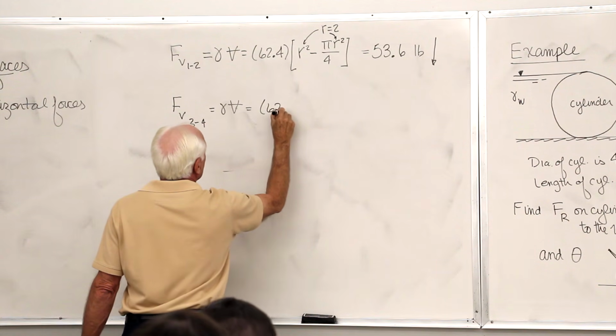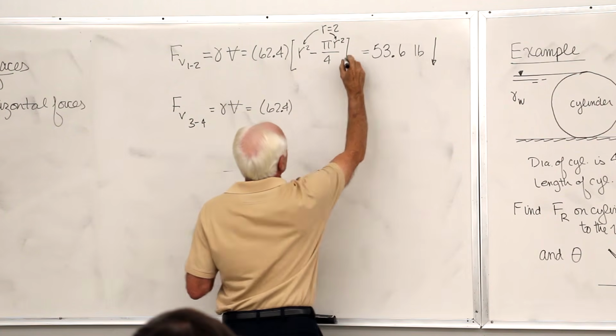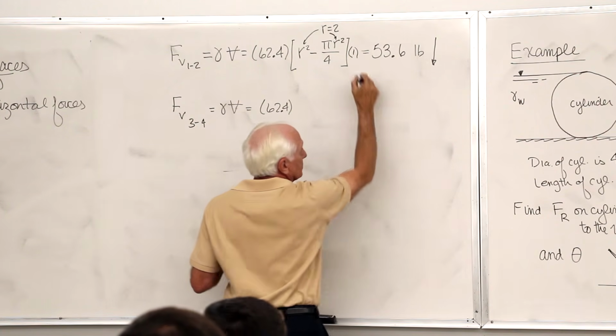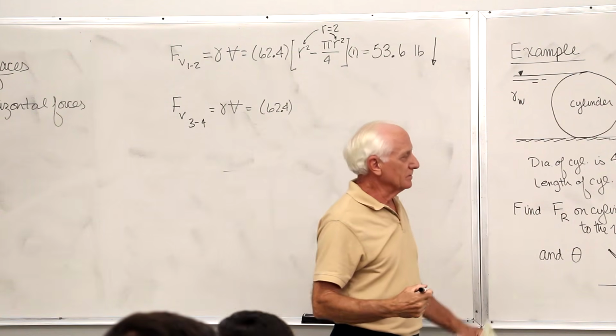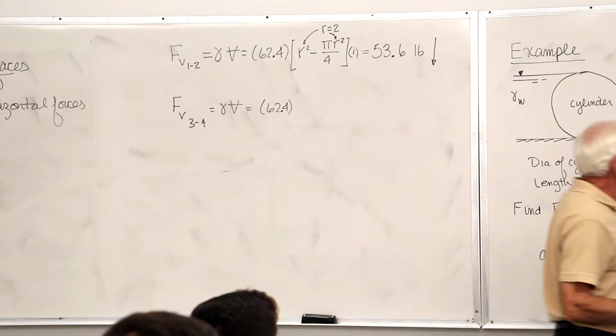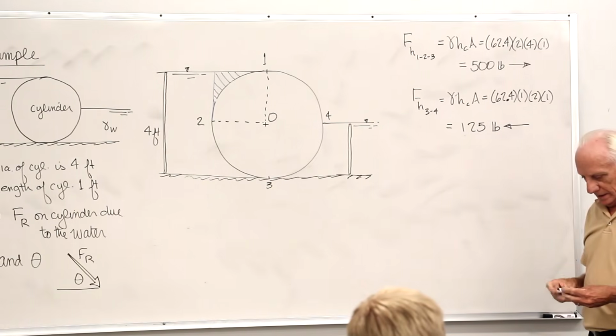Gamma, 62.4. And by the way, there's also a 1 here because it's 1 into the blackboard. I'll put the 1 sometimes. Okay, here it is. Take the curved surface, 3.4.